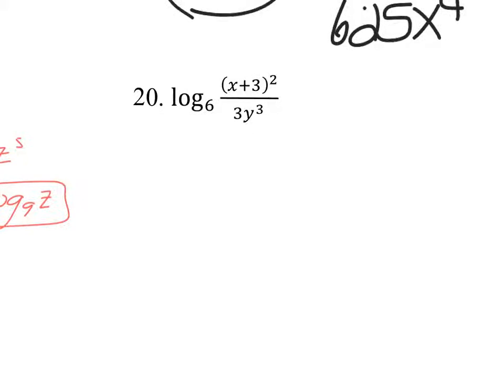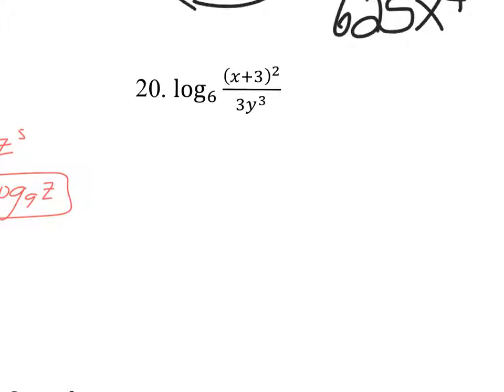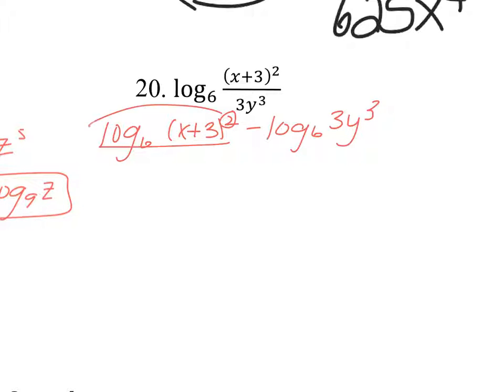If I go over and do number 20, I'm going to go ahead and deal with the division sign first. So I have log base 6 of (x plus 3) squared minus log base 6 of (3y squared) cubed, excuse me. So this first piece, I can take my exponent and make it a coefficient. But then I can't split up x plus 3 anymore, so that's done. So now it's minus all of this.